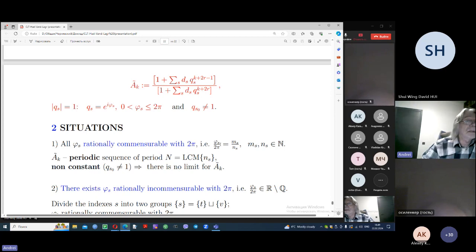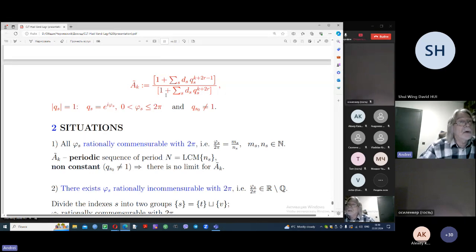Once they're rationally commensurable, that simply means that this sequence is periodic with the corresponding period, with the least common multiple.